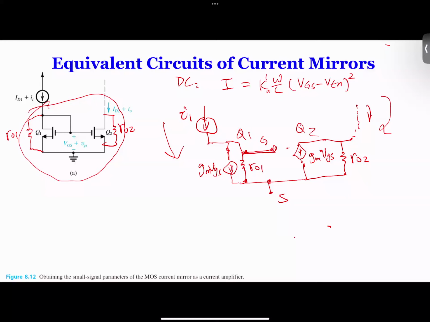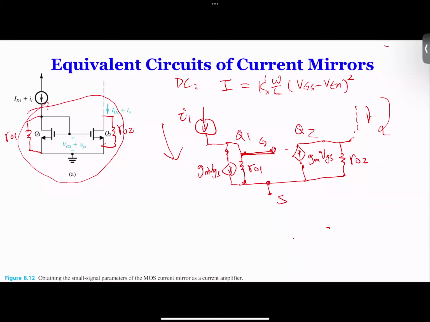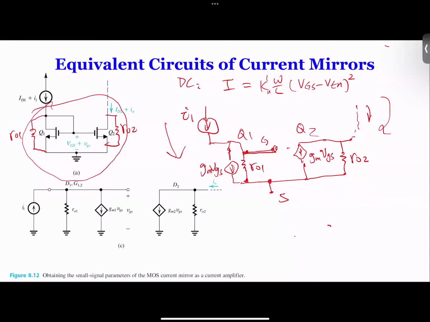I'm going to go through a little bit more detailed derivation here next week. The way I drew it was not that nice, but here is the equivalent circuit. So r01 and r02 are basically drawn this way.